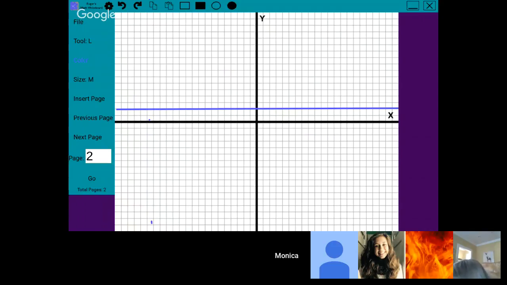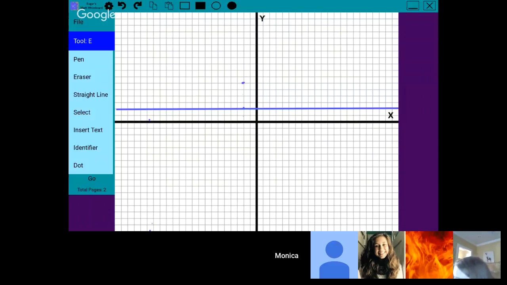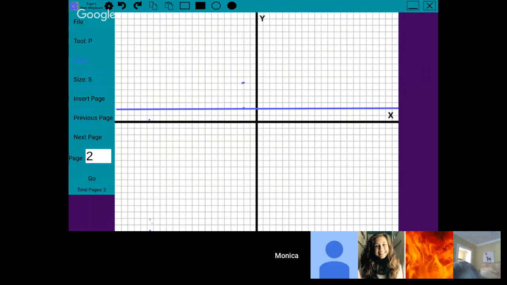So then -2, 6 would be over here, -2, 1, 2, 3, 4, 5, 6. Okay, so that would be -2, 6 right there. So we need a perpendicular line that passes through that point, okay?